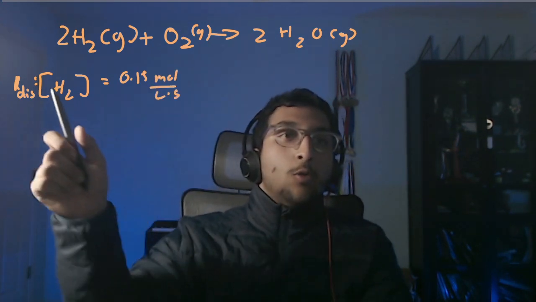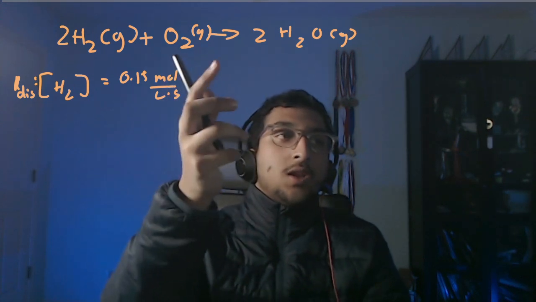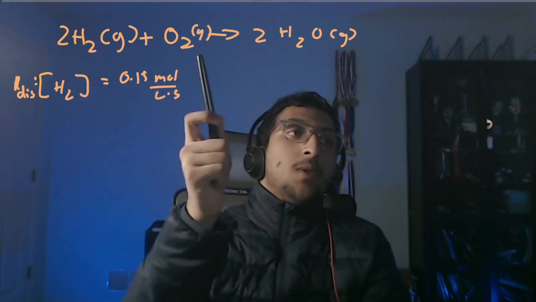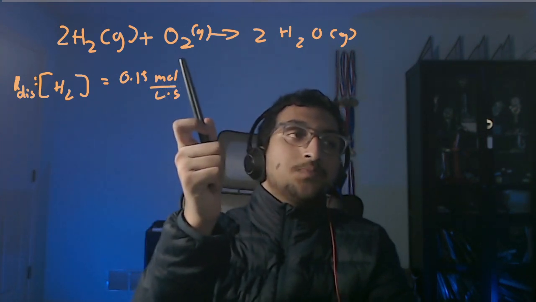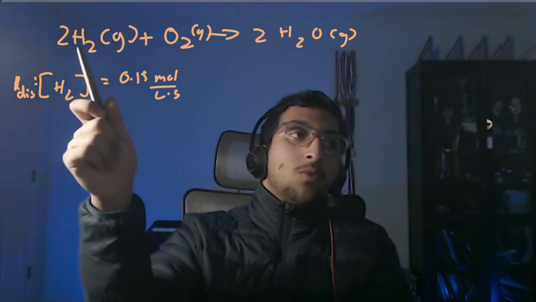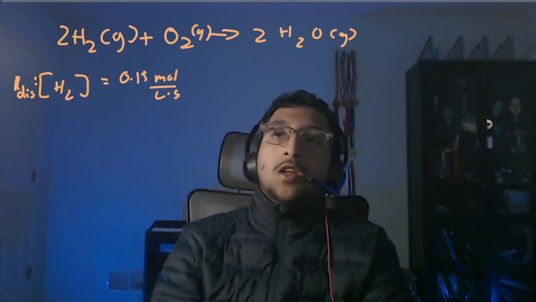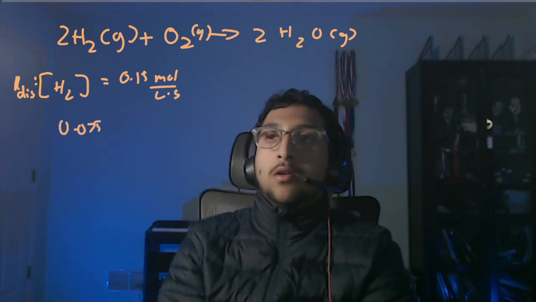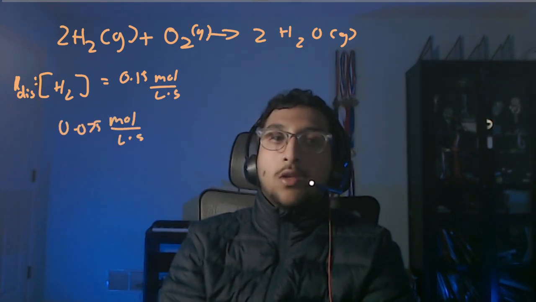How would we find the rate at which O2 is decreasing? Well, the rate for H2 is going to be twice as much as the rate for oxygen. So you would just divide by 2, because H2 must be twice as fast. So 0.15 over 2 would be 0.075 moles per liter times second.